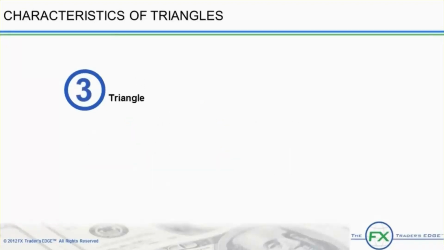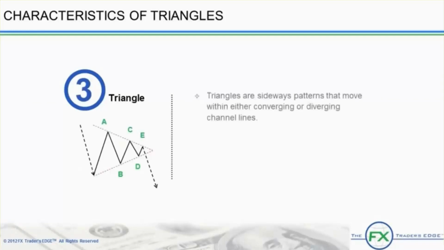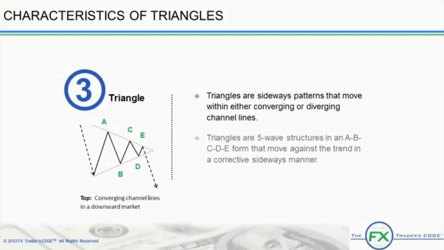Characteristics of triangles. In an uptrend or a downtrend, triangles are sideways patterns that move within either converging or diverging channel lines. The example to the left shows converging channel lines in a downtrend market. Triangles are five-wave structures in an A, B, C, D, E form that move against the trend in a corrective sideways manner.